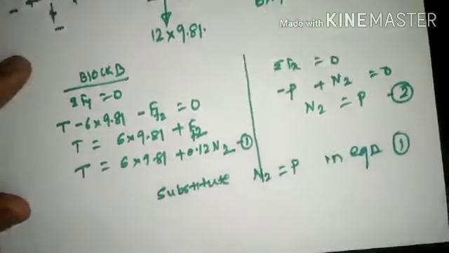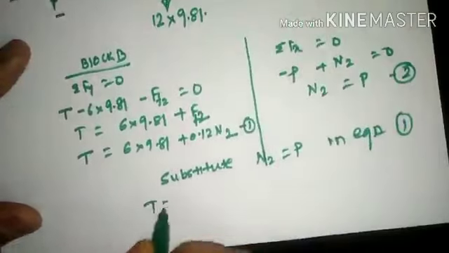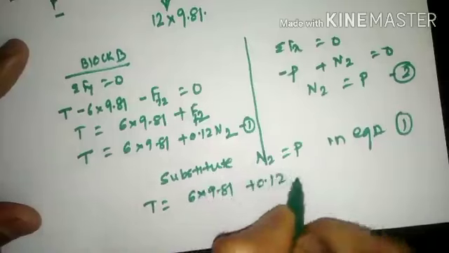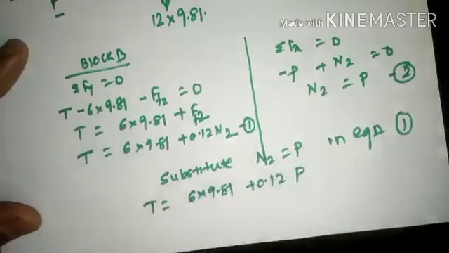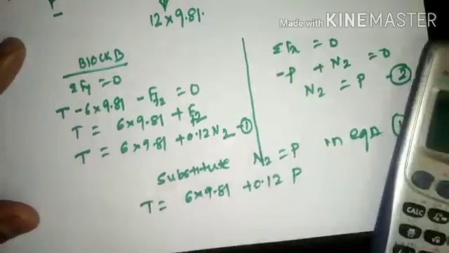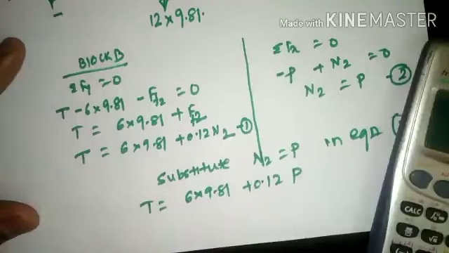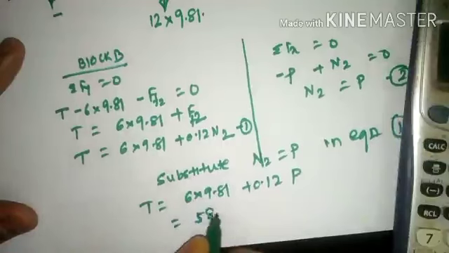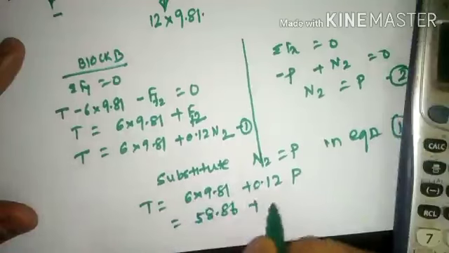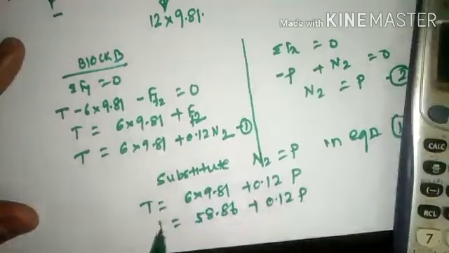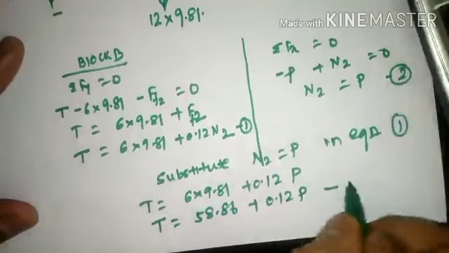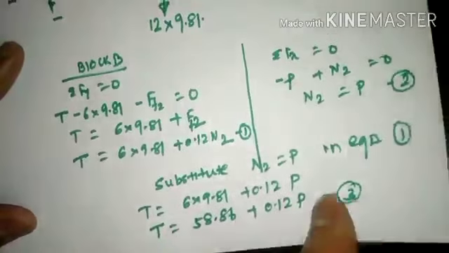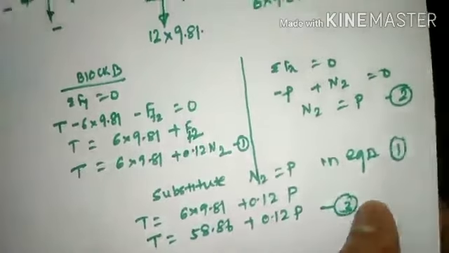If I substitute N2 equal to P in equation 1, T will be equal to 6 into 9.81 plus 0.12 times P. As a result, T will come out to 58.86 plus 0.12 times P. Name this as equation number 3. Keep this as it is. Further, this will be required to find the value of P now.